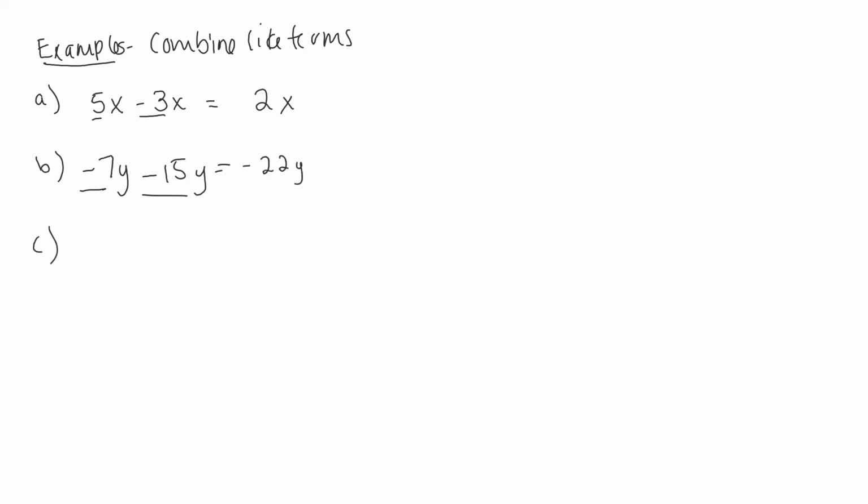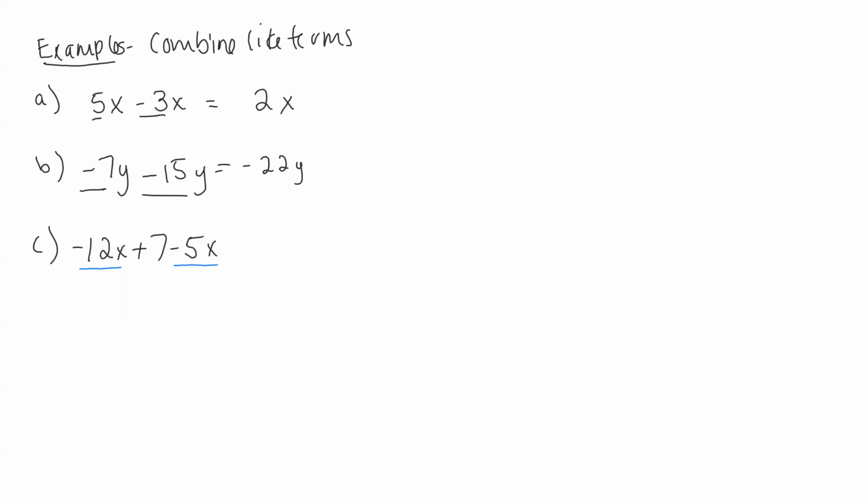Now, what if we had something like negative 12x plus 7 minus 5x. So we have 2 different types of terms here. We have what we would consider like terms, the negative 12x minus the 5x. The 7 is not considered a like term with the 12x and the 5x. That's okay. So what we do is we combine the terms that are considered like terms.